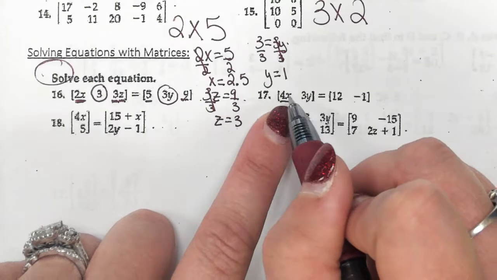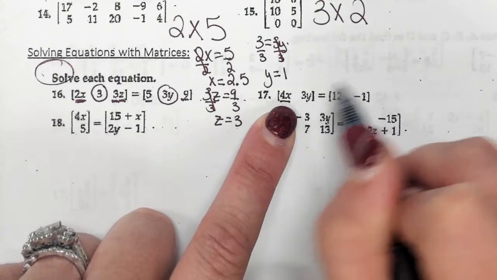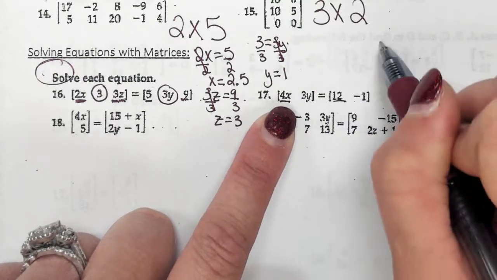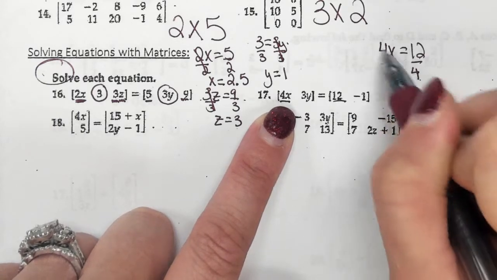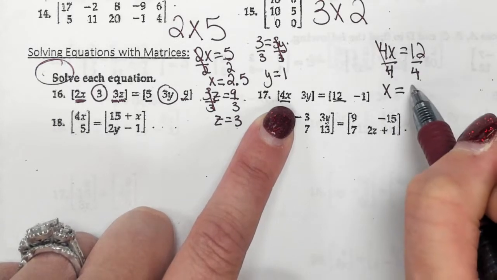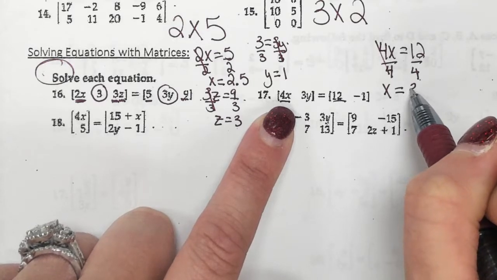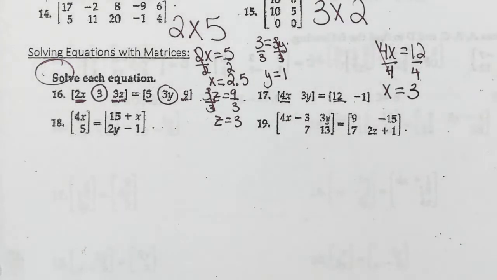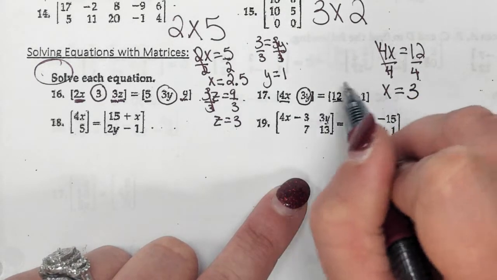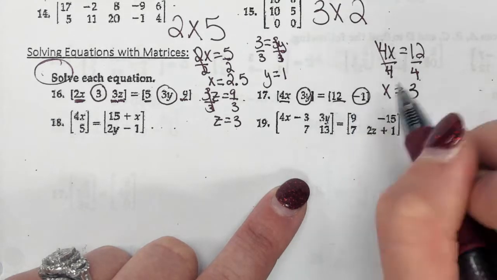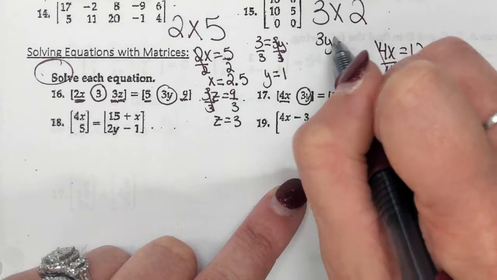You got 4x on the left, right? On the other side, which one's on the left? 12. So you got 4x is equal to 12. Divide by 4. And x equals how much? 3. Perfect. All right, we got one more. 3y's on the right. What other number is on the right? -1. So you got to be careful on this one, guys. You ready?